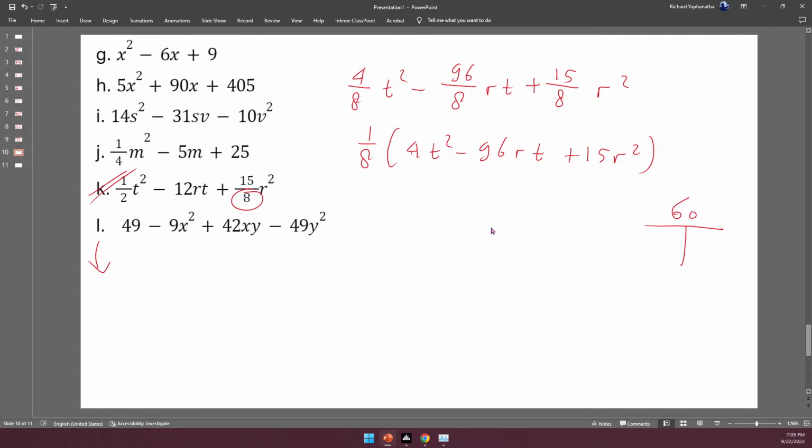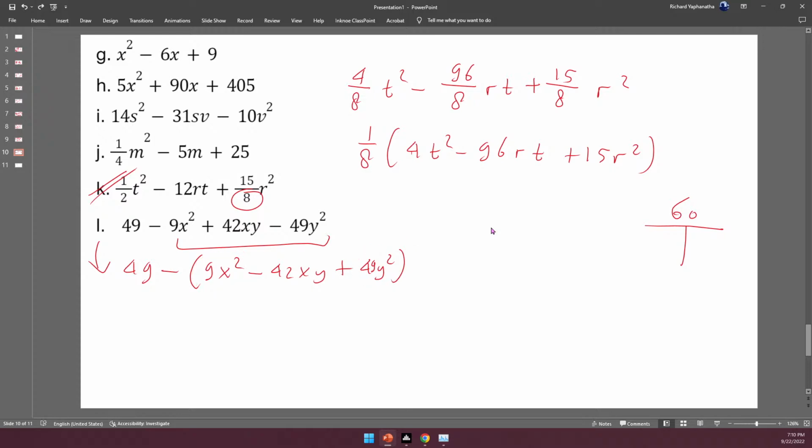Skip L. So we will leave the 49 alone. We want to do this first. Take out the minus, it will be 9x squared minus 42xy plus 7y... I want to write 49y squared. It is square here and also square here.